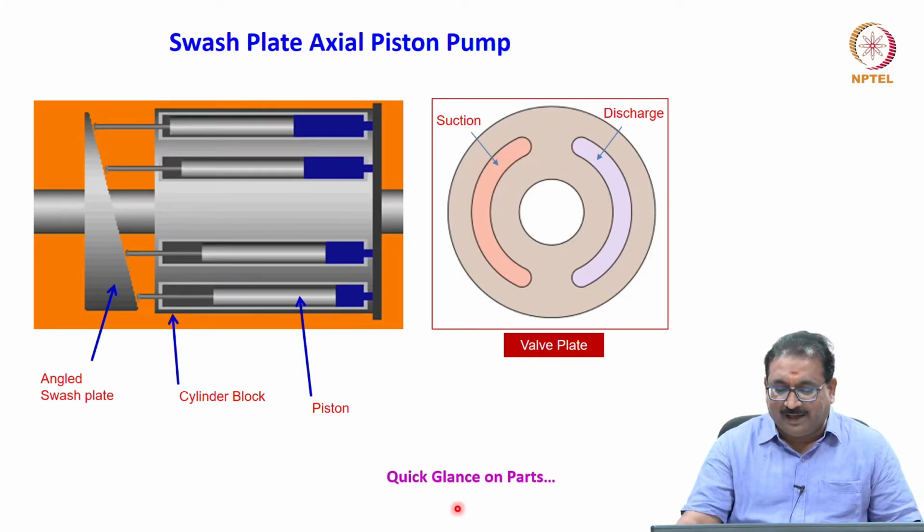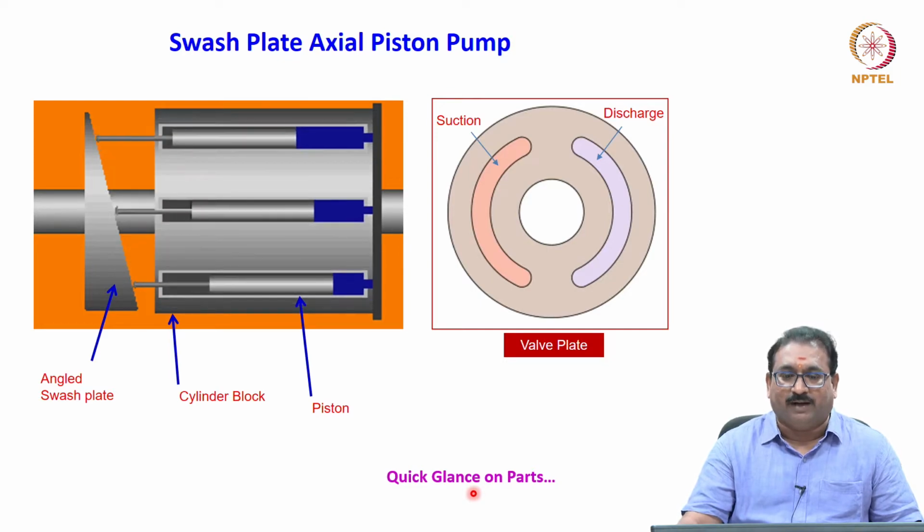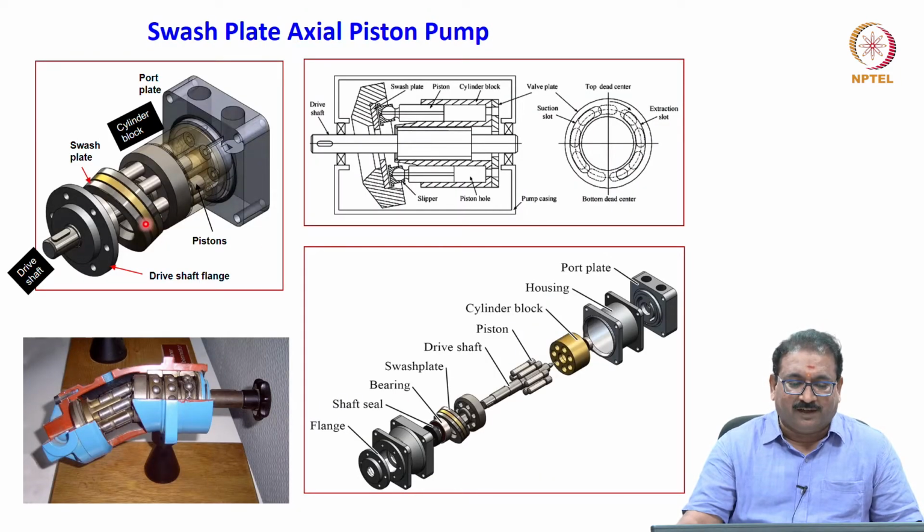Very quickly you will see a quick glance of the parts for better understanding. You will see here, this is a cylinder block friends. There are various types of cylinders, and aligned with the swash plate, very important, it is the swash plate, which is very essential to give the required stroke. Then this is the drive shaft. Then the port plates are here.